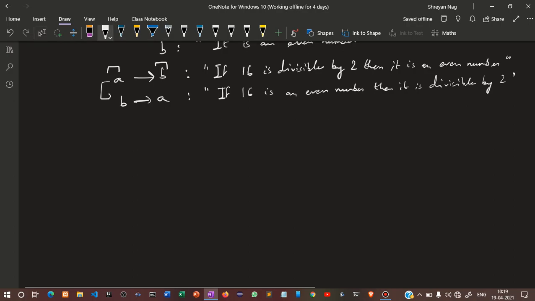Then we will learn the inverse statement. If you negate both the antecedent and the consequent, we get an inverse statement. Let us give an example.